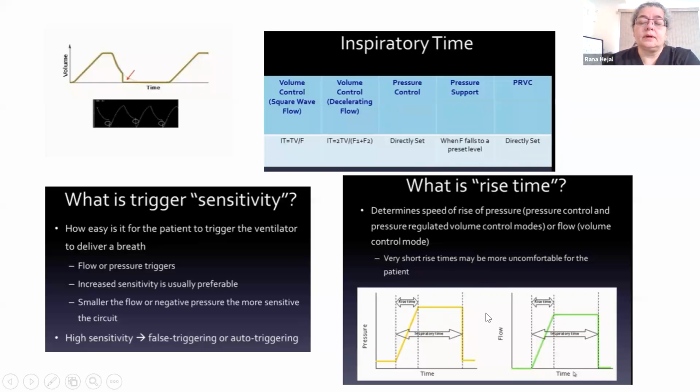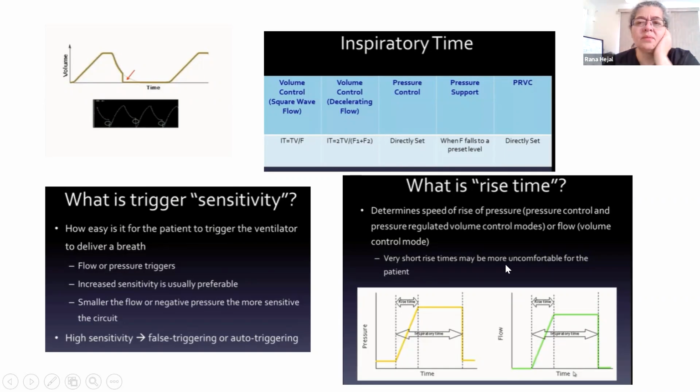Rise time, I don't really spend too much time with it because the impact that it has on the breath is much less than the others. But remember, if the slope by which the breath is being given is very fast, you will achieve your tidal volume faster. If the slope is slower, it tends to achieve it a little bit slower.